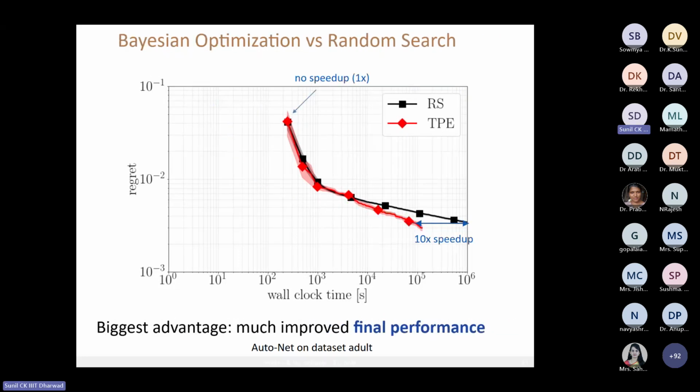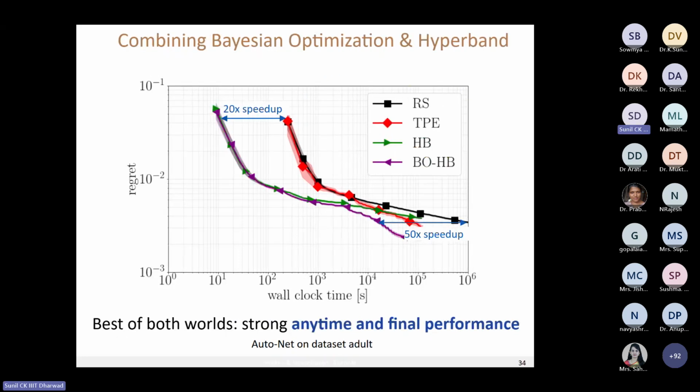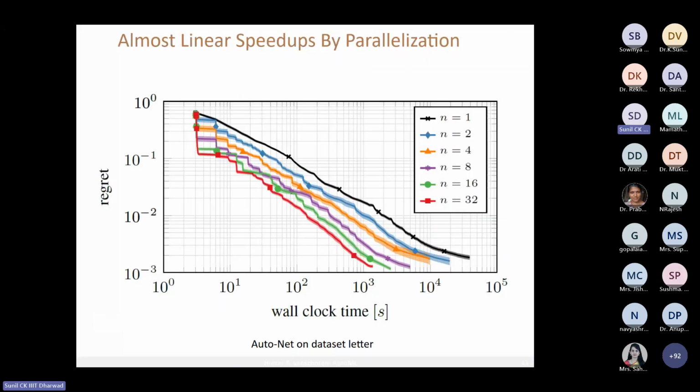After combining Bayesian optimization and Hyperband, you're able to see strong anytime and final performance, meaning the loss is minimal. This is how things work.